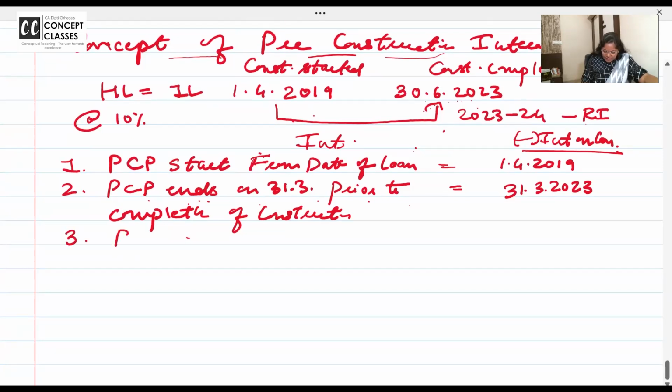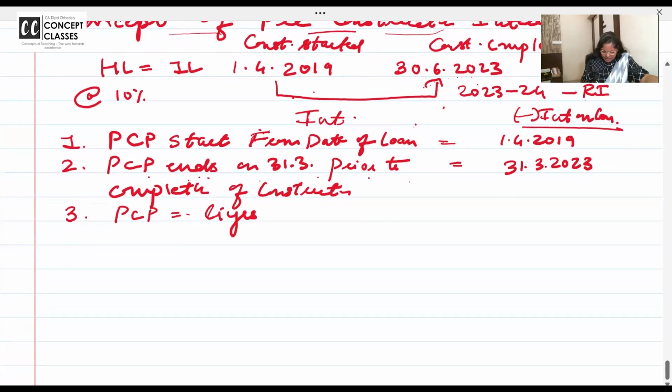Third, the pre-construction period in months. Can you calculate? 19 to 20, 20 to 21, 21 to 22 and 22 to 23. It is 4 years, correct? Yes, ma'am, 4 years complete. Otherwise, it could be like 3 years and 9 months. So we can do it in months or in years. This one is simple, so I'm doing it in years. This is my pre-construction period.